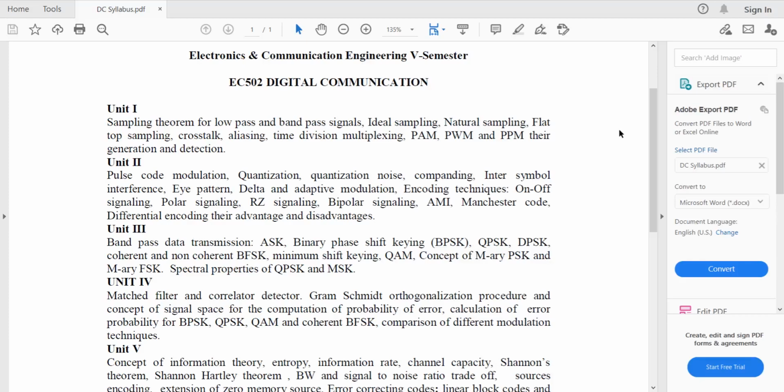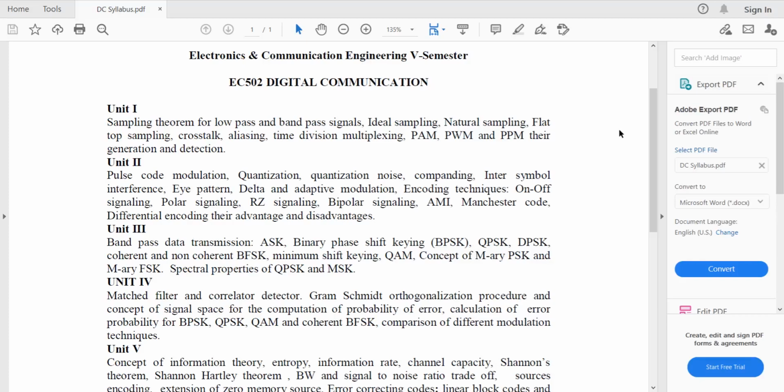We'll see what are the important parameters through which we choose the different encoding techniques, and what are the advantages and disadvantages of these encoding techniques, and which are the practical implementations of these encoding techniques, like in which of the practical areas these encoding techniques are used. We'll go through that also, and then their advantages, disadvantages also we will study.